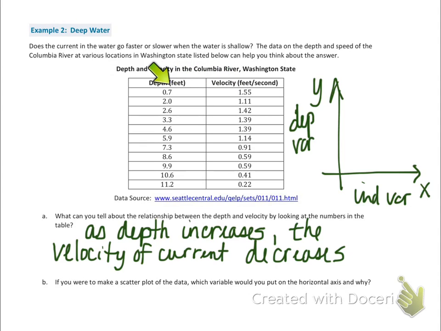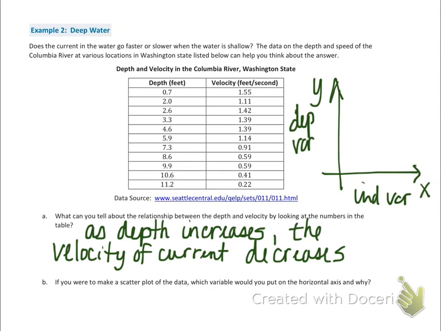But what's easier to measure? What am I likely to measure, the velocity or the depth? Well, probably the depth. The depth might even be known for various parts of the river and something of record. So probably I would put depth on the horizontal axis here and use depth to predict the velocity, or how fast that river's moving.